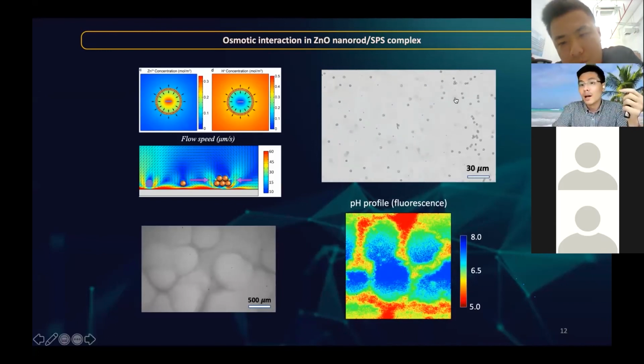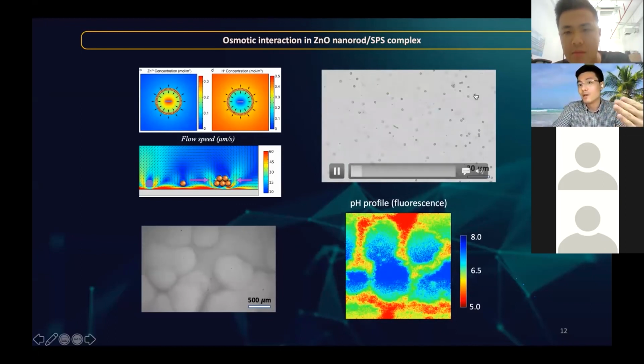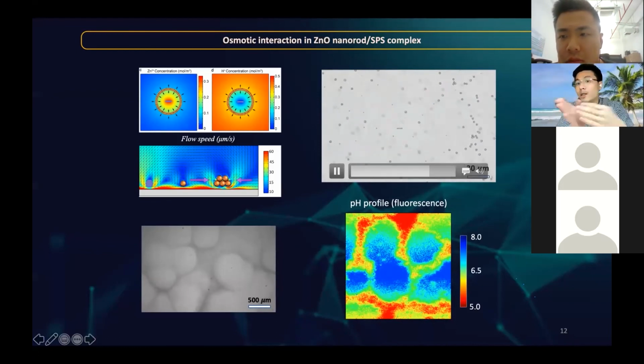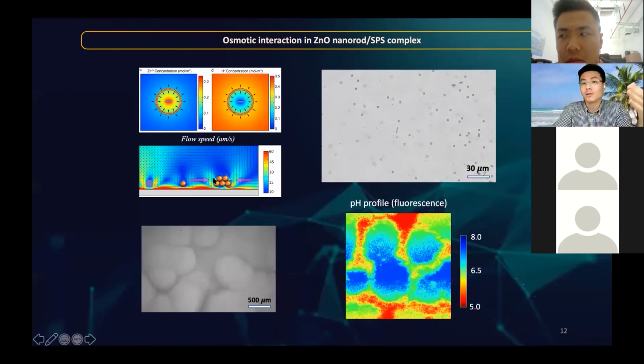At this distance, the SPS particles also generate an attractive osmosis. So at that distance, the outward electro-osmotic flow and the attractive osmotic flow are balanced.